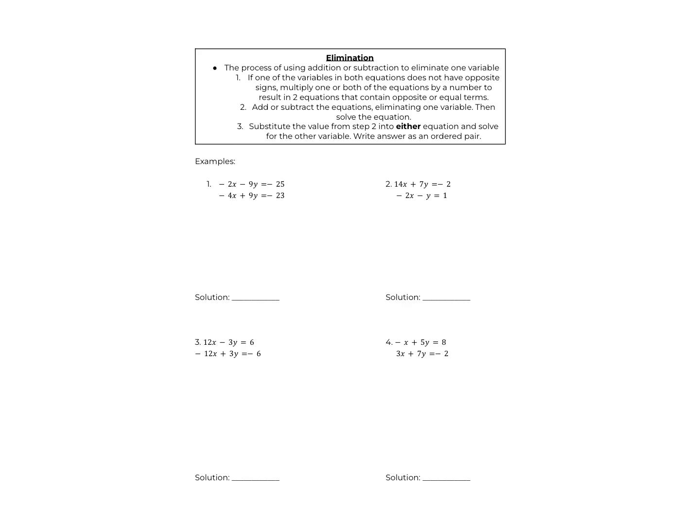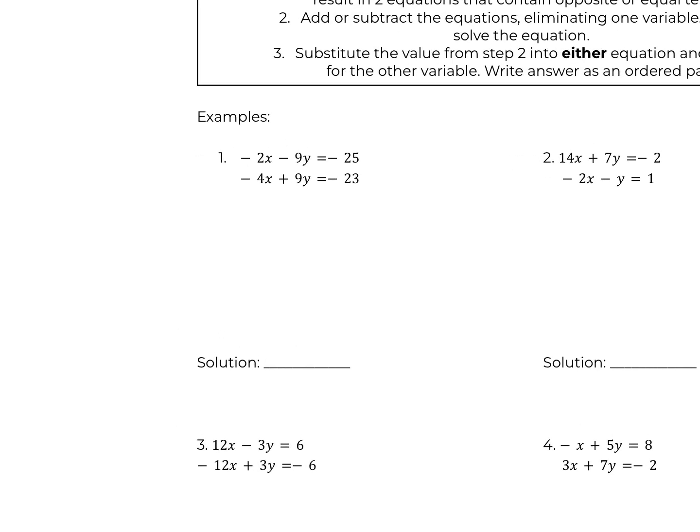So, we're looking for opposite value coefficients. And if you look at number 1, we already have opposite value coefficients. Our y's are opposite values. One is -9, one is +9. So, we are going to add these two equations together. -2x plus -4x becomes -6x. -9y plus +9y becomes just 0.